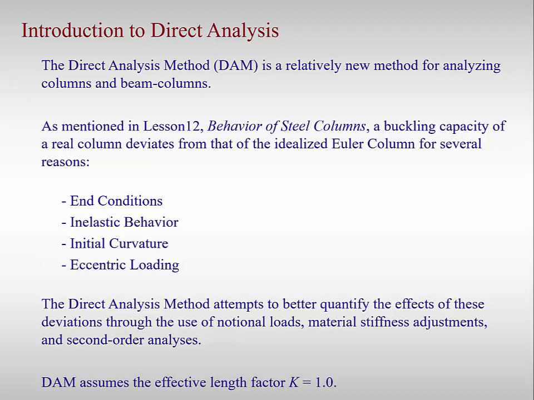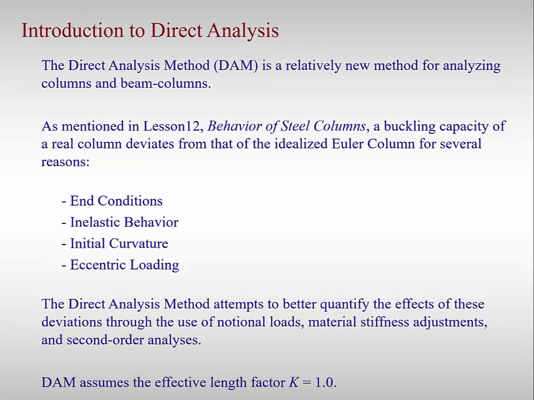As mentioned in lesson 12, the buckling capacity of a real column will deviate from the idealized Euler column for several reasons. That includes end conditions other than pin-pin, inelastic behavior, initial curvature, and eccentric loading.